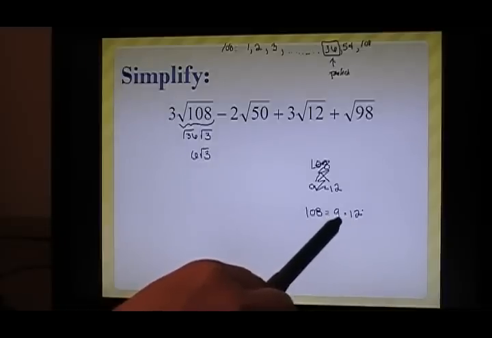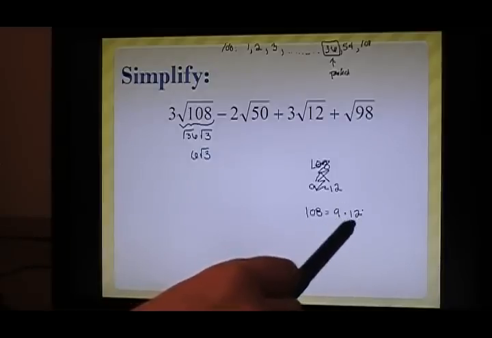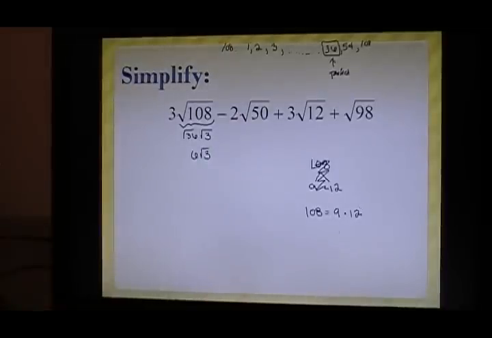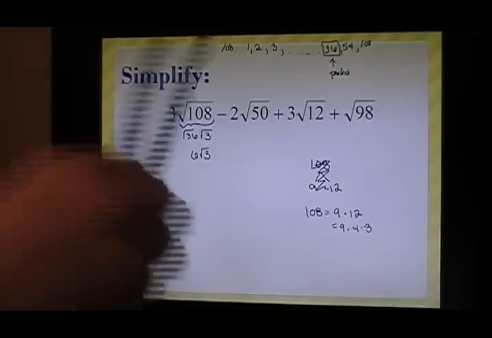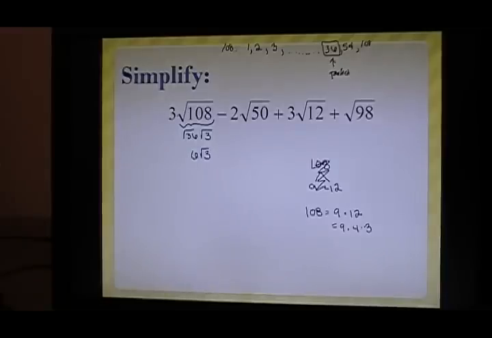So I'm just going to leave that alone, and then I'm going to mess with this number. 12, is 12 divisible by a perfect square? Yes, it is. It's divisible by 4. So I could write 9 times 4 times 3. 9 times 4 times 3 will also be 108.